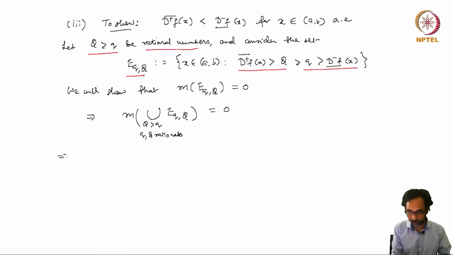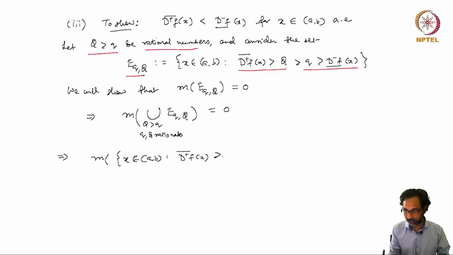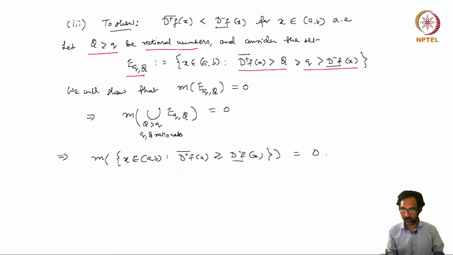This implies that the measure of the set of x in (a, b) such that D^+ f(x) is greater than or equal to D_- f(x) (lower) has also measure 0, because this is precisely the union of the sets E_{qQ}, where you take the union over all rationals.